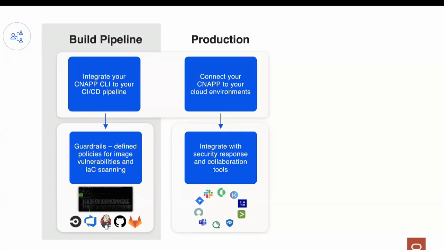They might resolve any issues, but then once you get into production, if you're using a separate tool with separate policies, you might identify other issues, and then you're still going to have security go back and kick those issues back to the developers. So we want to make sure that with a CNAPP platform, especially with Wiz, you're able to do this across your production and build pipeline with the same policies that apply.